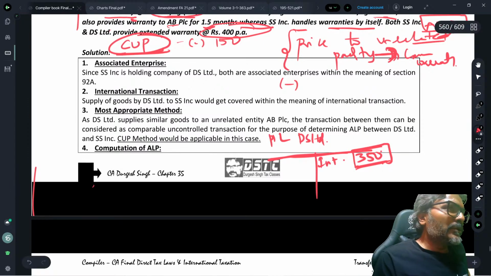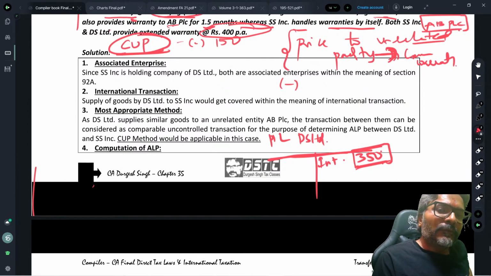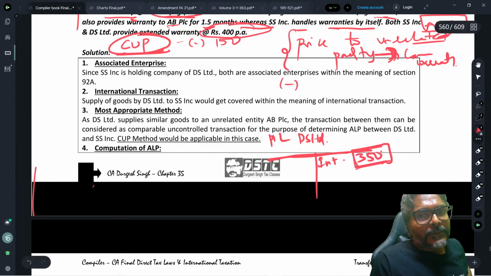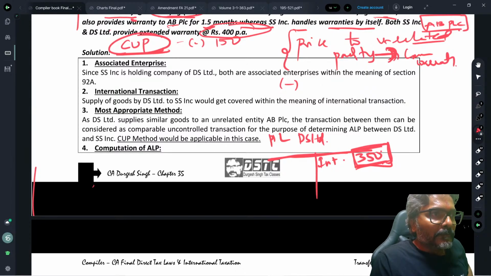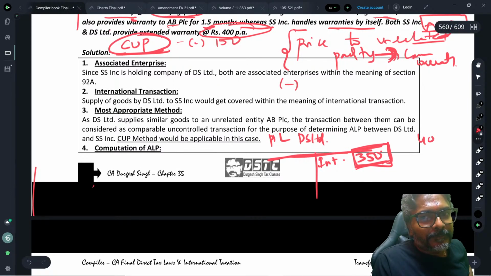At what price, students, this should have been sold? It should have been sold at 400.